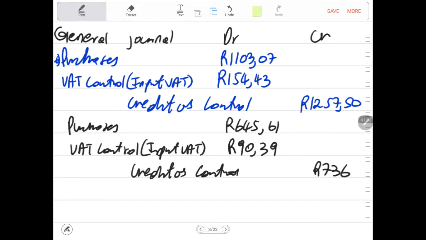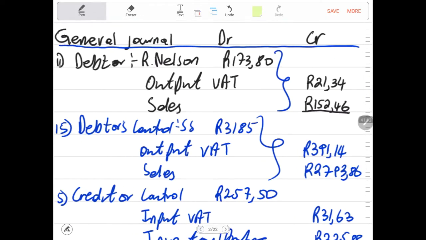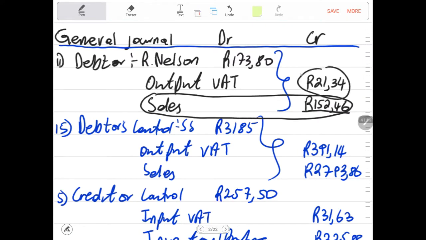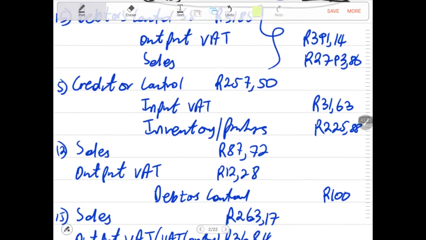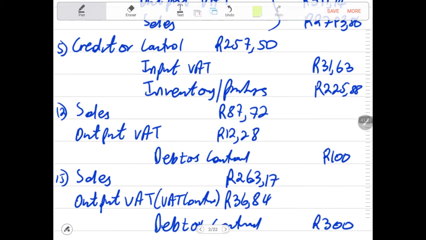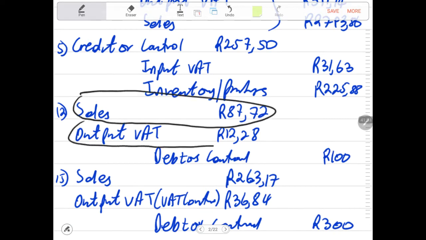Similarly, with the sales, sales must always exclude VAT. If you look at our sales in the previous transactions, here is our sales. The amount of VAT is not here. The VAT is separate, and the amount of the debtor includes VAT. Even when the customer returned goods where our debtors were credited, we can see our sales always don't include VAT, and our VAT is separated, and when you say sales plus VAT, you get the amount of the debtor.